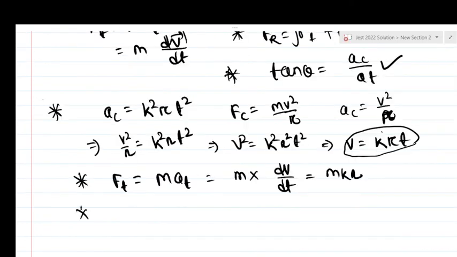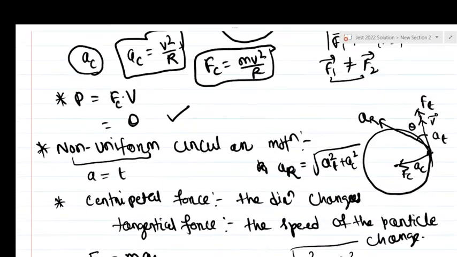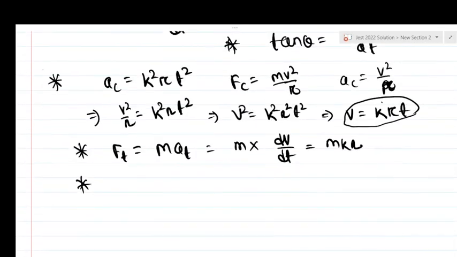The total power delivered in circular motion is due to the power from the centripetal force and from the tangential force. But due to the centripetal force the power is 0, because the force and velocity are at a 90-degree angle.